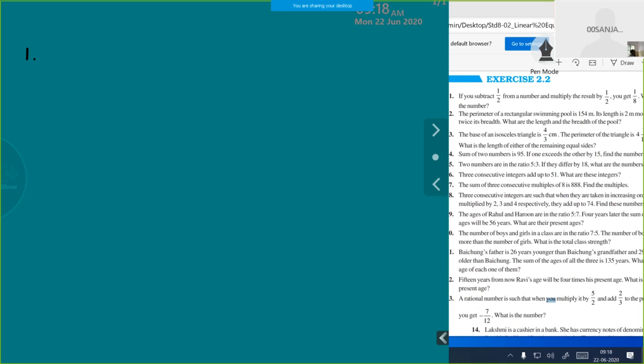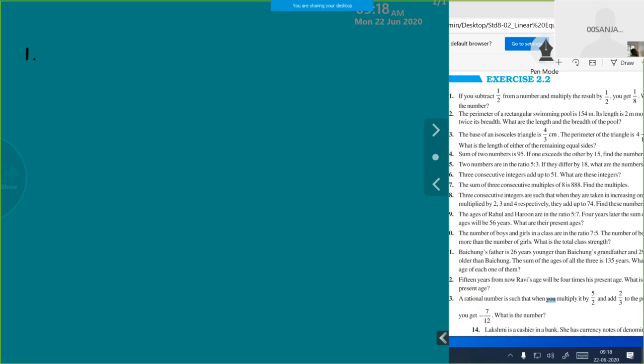What is the number? I read it again: if you subtract half from a number and multiply the result by half, you get 1 by 8. What is the number? So I told you, read the question word by word and identify the terms you need to change into mathematical terms or algebraic expressions.